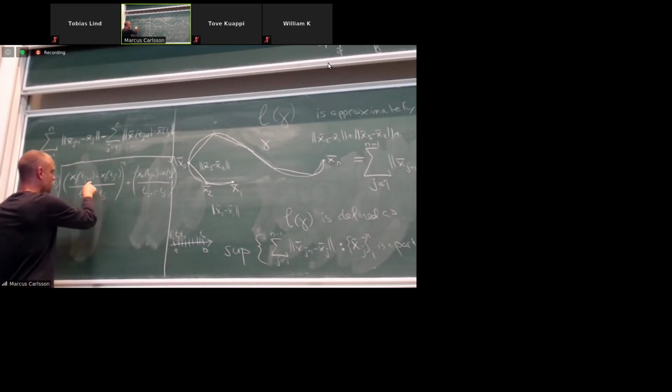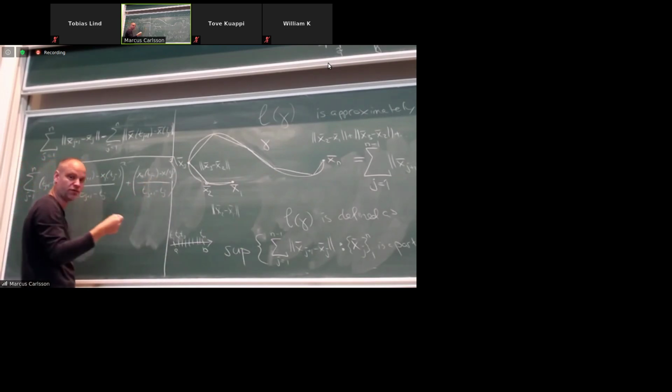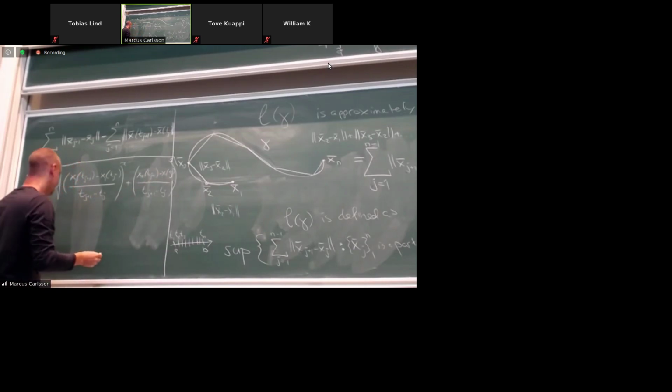Now I divided with that inside the square, and then there's the square root. So if I want to revoke that operation, I have to also multiply in front here with tj+1 minus tj. And now this starts to look like approximations of the derivative of x1 at the point tj. This is an approximation of the derivative of x2 at the point tj.